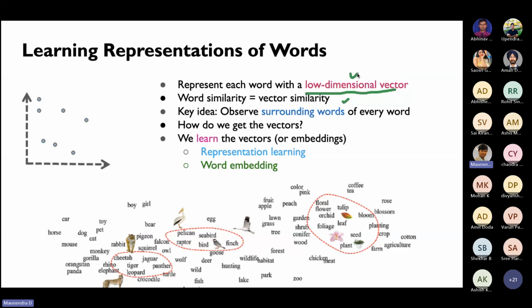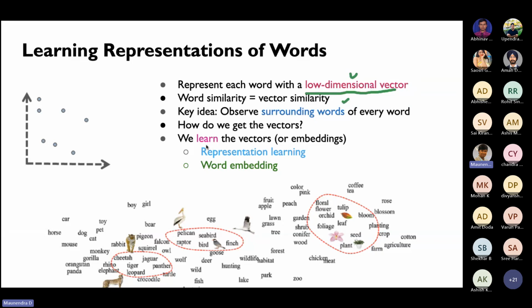The idea is that we learn the vectors. We have a document collection, and we do not say step by step, you count this, you put this, you apply this transformation. Not like that. Based on the document collection, we will learn the vector representation using some kind of machine learning algorithm.